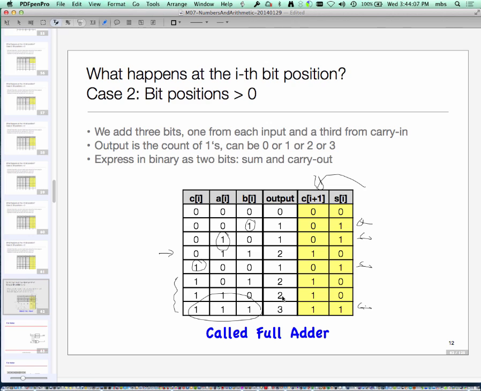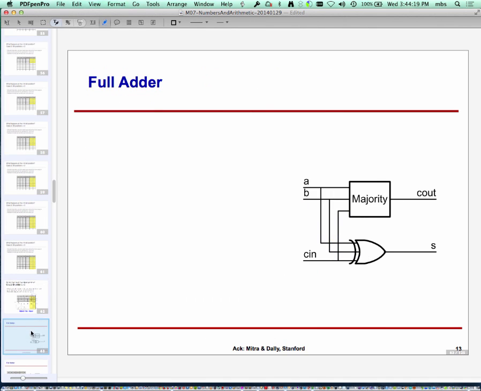And that is a 3-input XOR gate. So my full adder looks like this. It's a majority circuit to produce the Cout, and it is the 3-input XOR gate to produce sum.